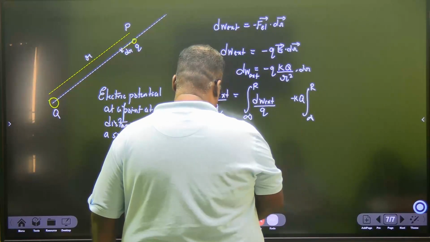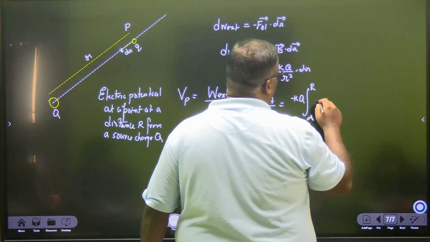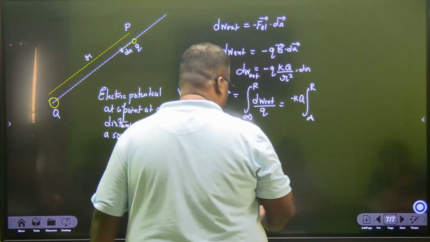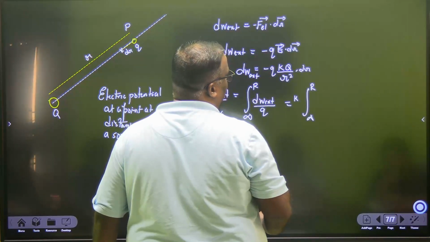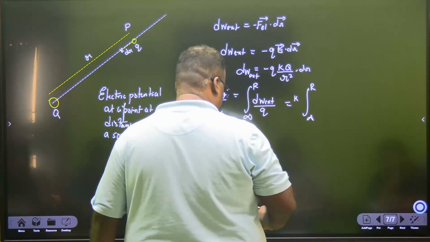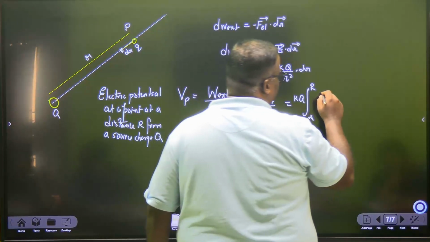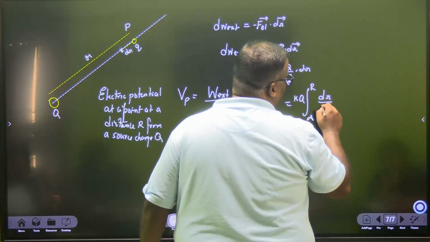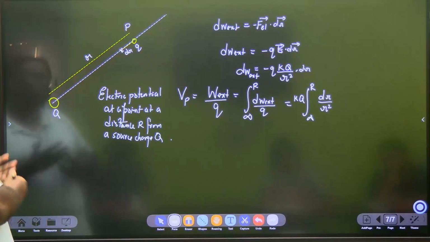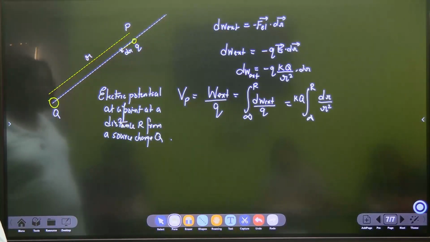So it has a negative kq, and it becomes dr by r squared.